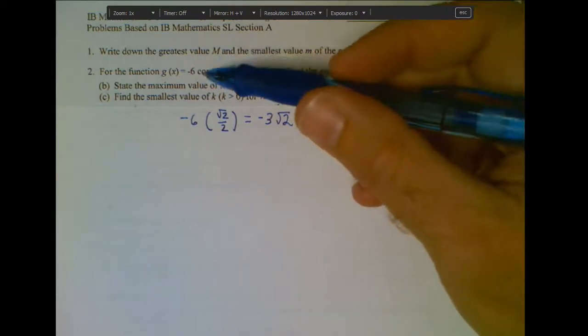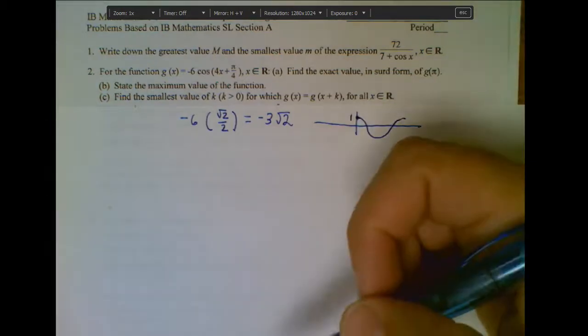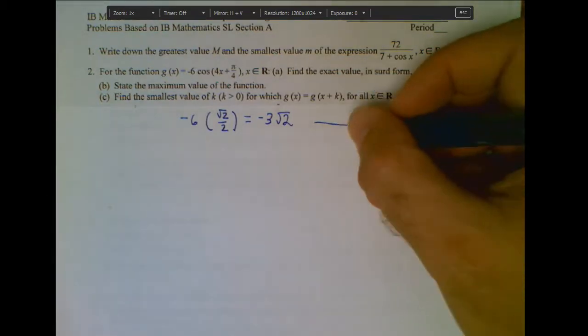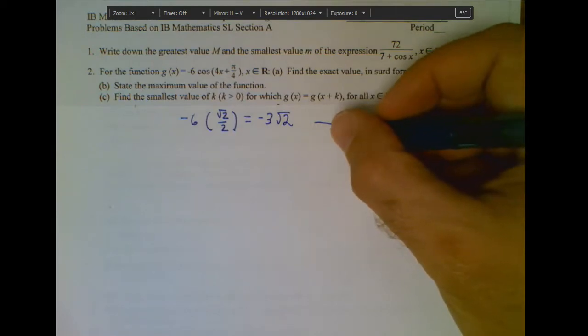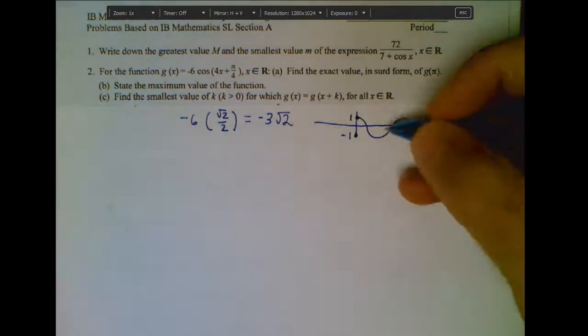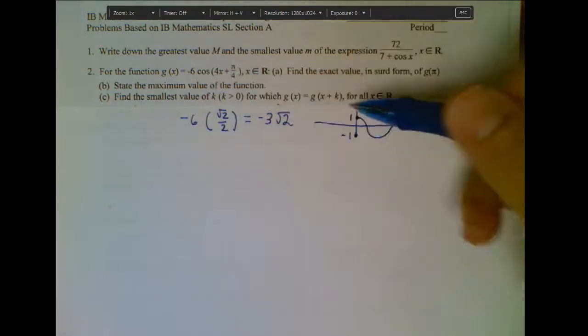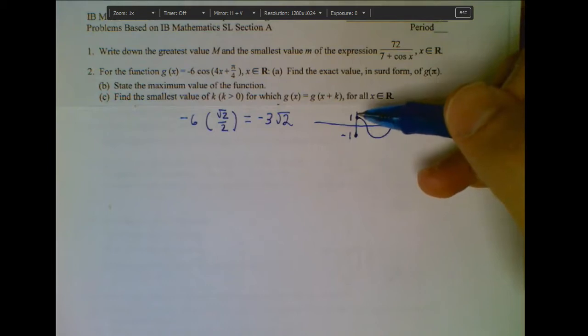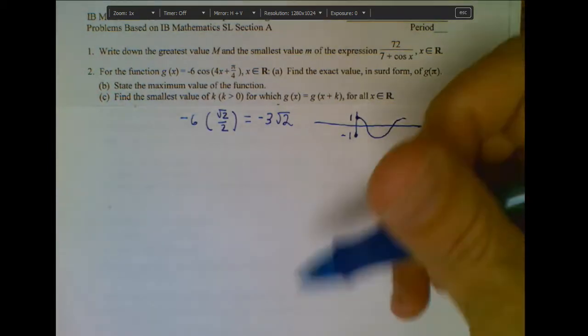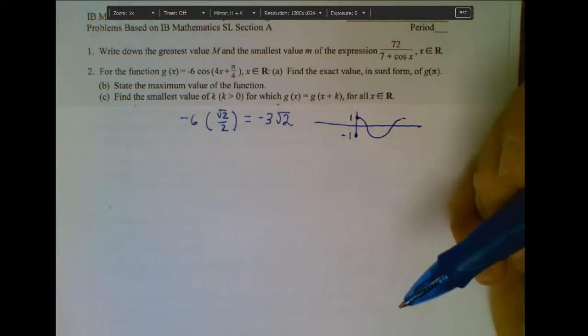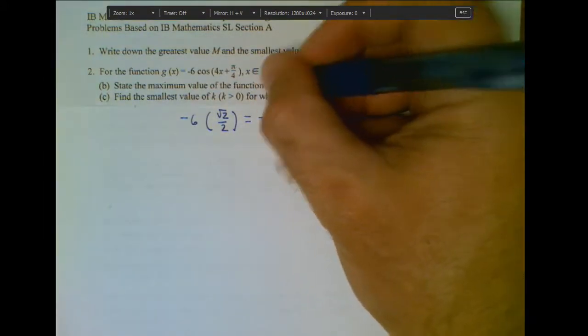I'm now doing negative 6 times 1, so my highest would be 6 and my lowest would be negative 6, because remember, this gets repeated. When you multiply the parent function's max and min by 6, your lowest becomes negative 6 and your highest becomes positive 6. So the max value would go all the way up to positive 6 at its highest. That would be our max.